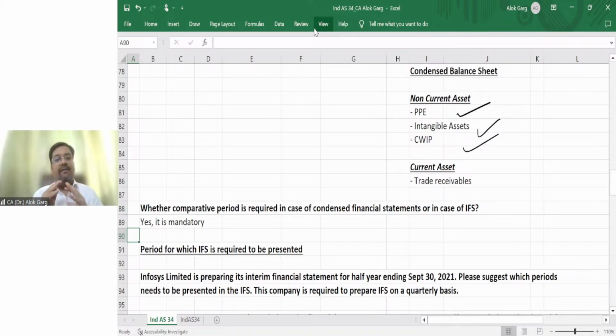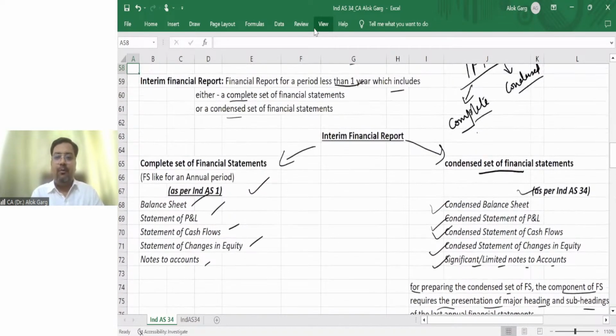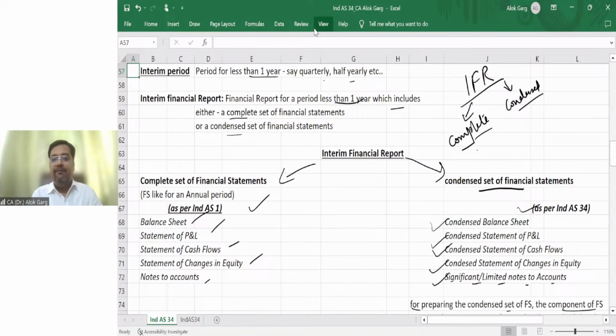So friends, so far we have understood that if we have to prepare the interim financial statement, it could be either a complete set of financial statements or a condensed set. The components are the same: balance sheet, P&L, cash flow, statement of changes in equity, and notes to accounts. In the condensed set, it will become condensed, and the notes to accounts will be limited only.